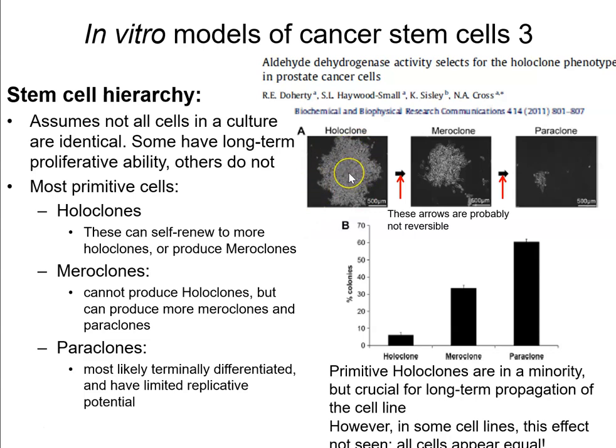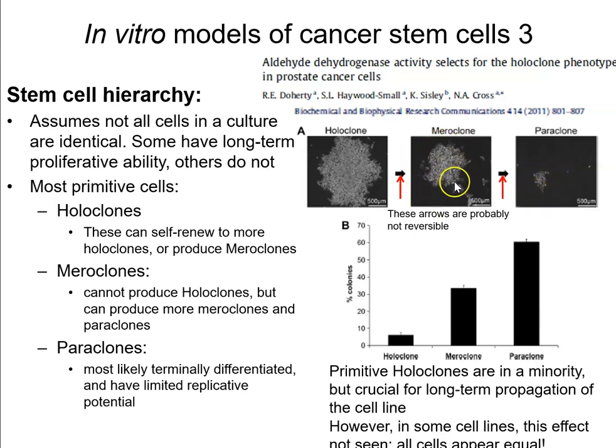where cells have settled at clonal density and given rise to a very rapidly growing, aggressive looking colony where the cells pile up on top of each other. So they're growing really fast here. There's holoclones, mericlones and paraclones. Paraclones are cells which are terminally differentiated and have limited replicative potential.